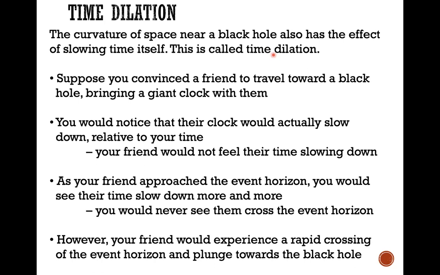You will not see it, because it slows down and slows down and slows down, and you will not see him crossing that particular boundary. However, your friend will experience a rapid crossing of the event horizon. He will feel that he just crossed the event horizon and plunged towards the black hole, right? So this is what happens under time dilation.